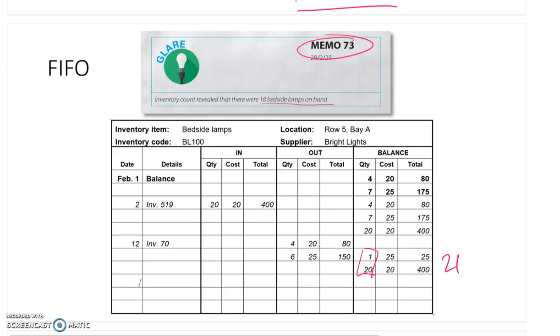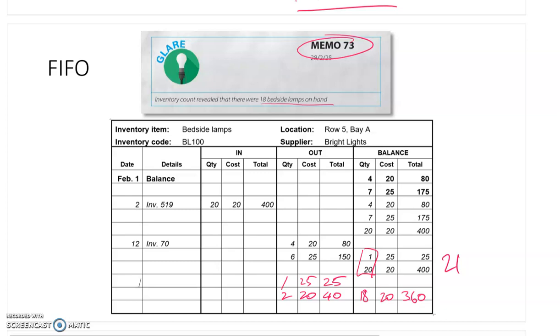So on the day of our inventory count, we had 21 units total, 1 with a cost of 25, 20 at 20. So we're assuming the first one's in, so this 1 unit here, we've got 1 at 25 leaving, worth $25, and then we have 2 of our $20 units leaving at 40, which means our balance after we've recorded this is going to be 18 units at 20, which if we multiply that out, 360.